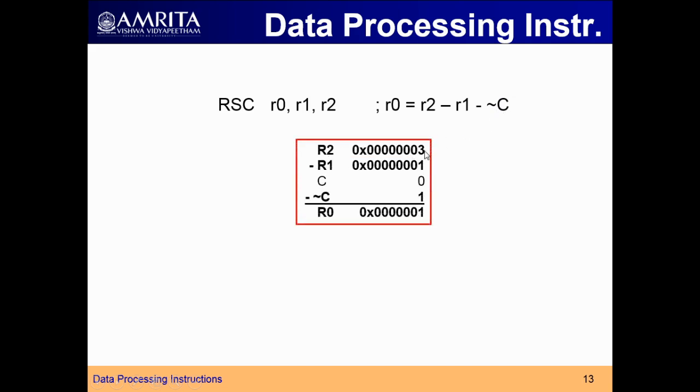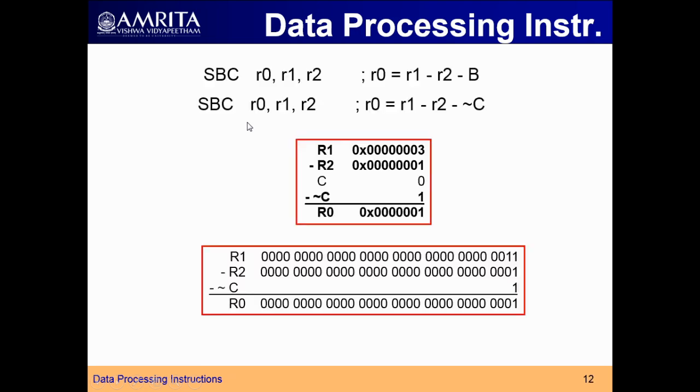R2 equal to 3, R1 equal to 1, borrow equal to 1. R2 minus R1 minus borrow: 3 minus 1 minus 1, it will be 1. So the only difference between RSC and SBC is that the order of the source operands is reversed.